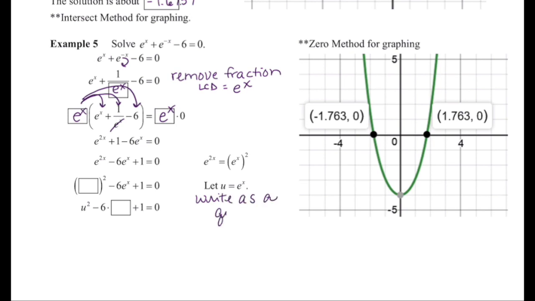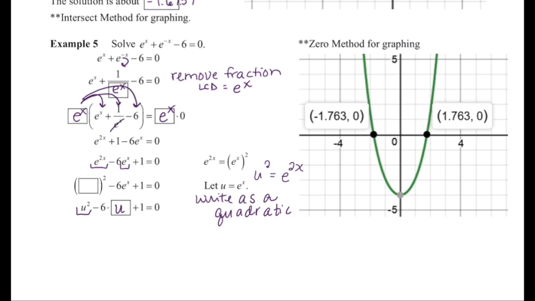I'm going to let u equal e to the x. Therefore, u squared, if I were to square both sides, is equal to e to the 2x. So I'm going to replace e to the 2x with u squared, and I'm going to replace e to the x with u.